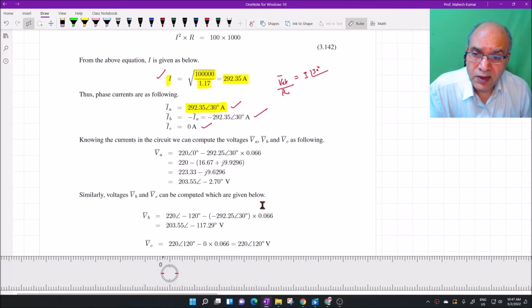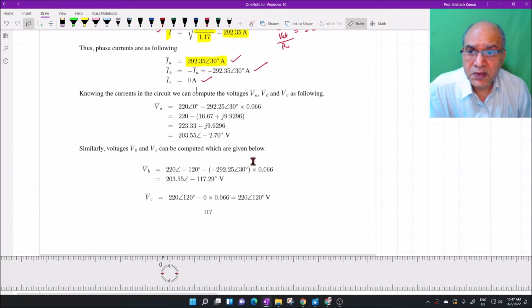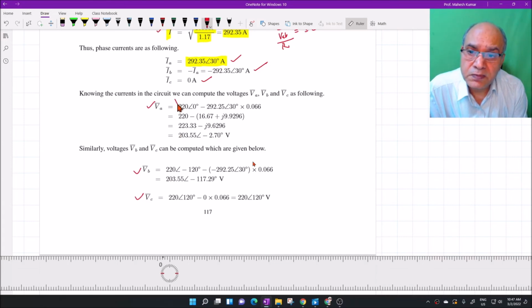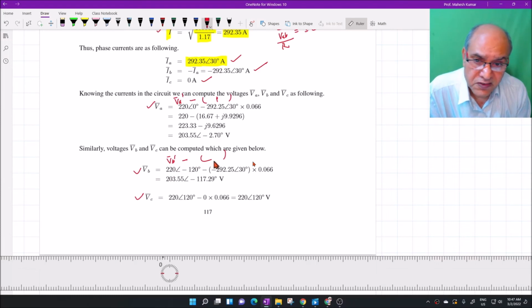This is the same example as we have solved earlier. Now with this IA, IB and IC, we can solve for VA, VB and VC. VA is VA dash minus the drop across the feeder here, and VB will be equal to VB dash minus the drop across the B phase feeder.